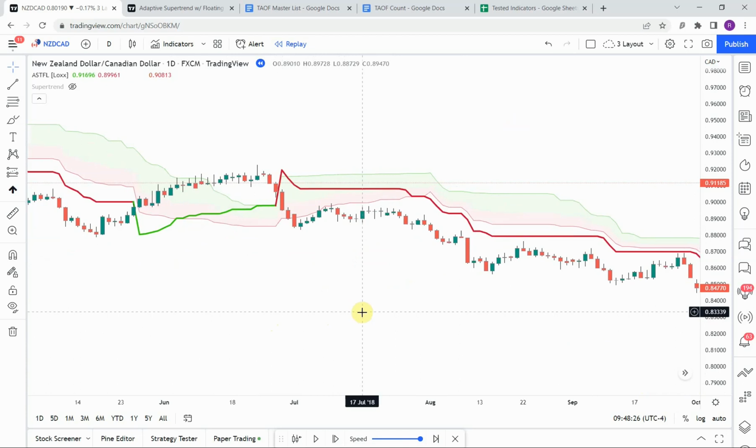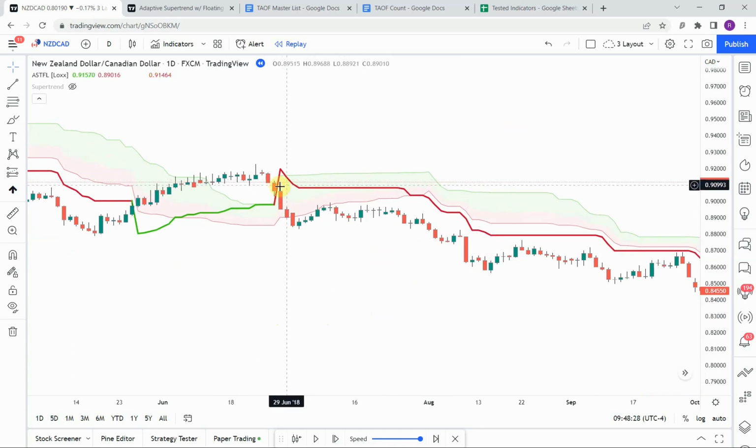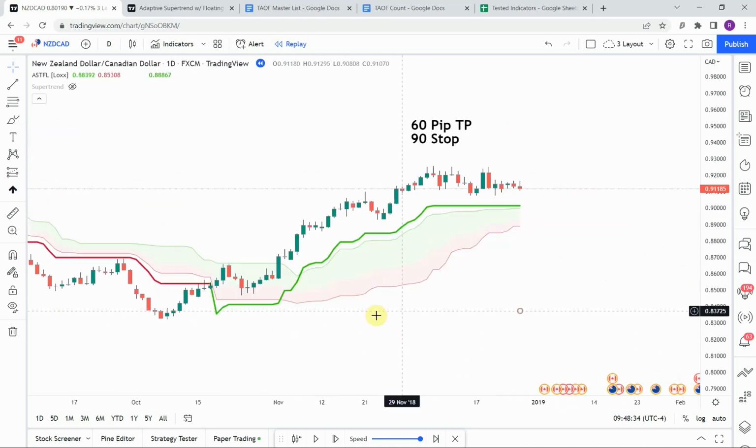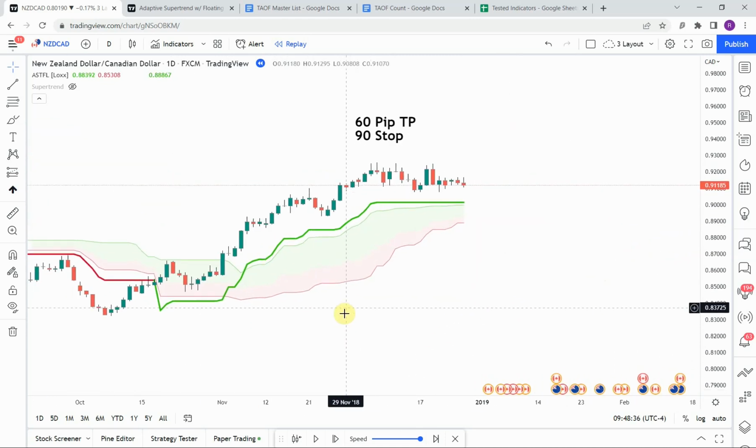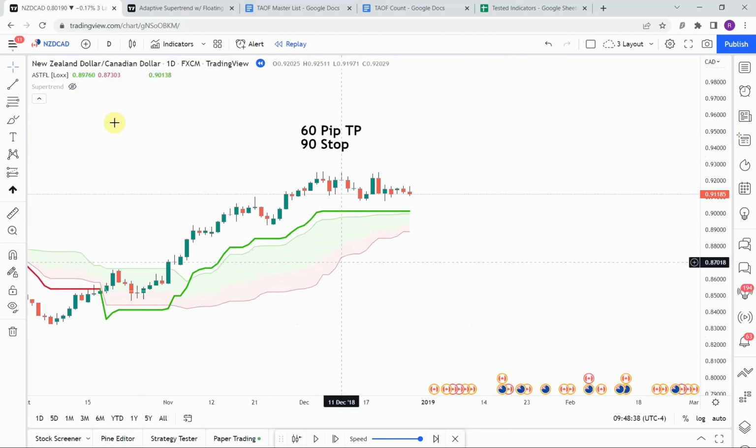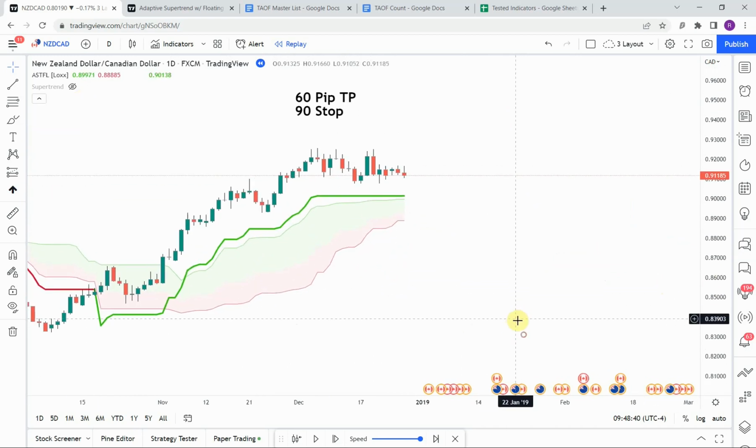Anytime the super trend switches to red, we wait for price action to break out below the cloud, then we go short. So that's the setup we're looking for. Let's go ahead and get on with the testing and see what we can get out of it.